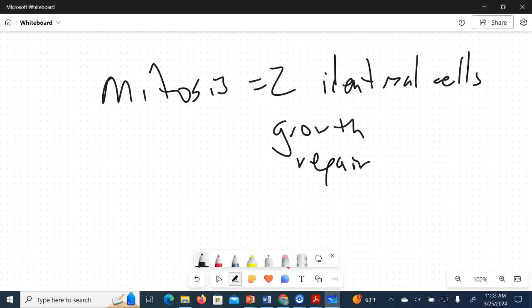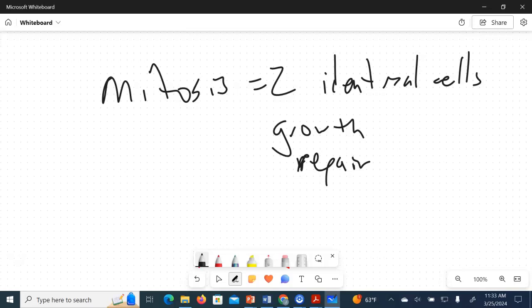For reproduction, we get two identical cells. So mitosis, growth and repair, two identical cells. Now, I don't care about the phases, prophase and metaphase. That's not important. You're not going to have to recognize a cell in any of the different phases, or tell me what the different phases are.